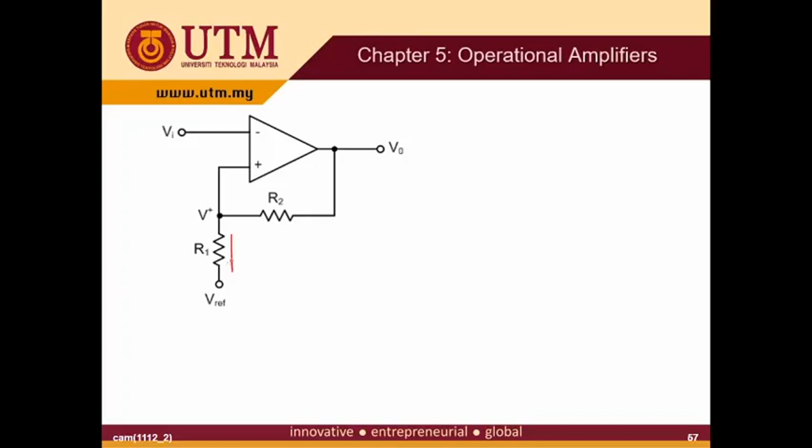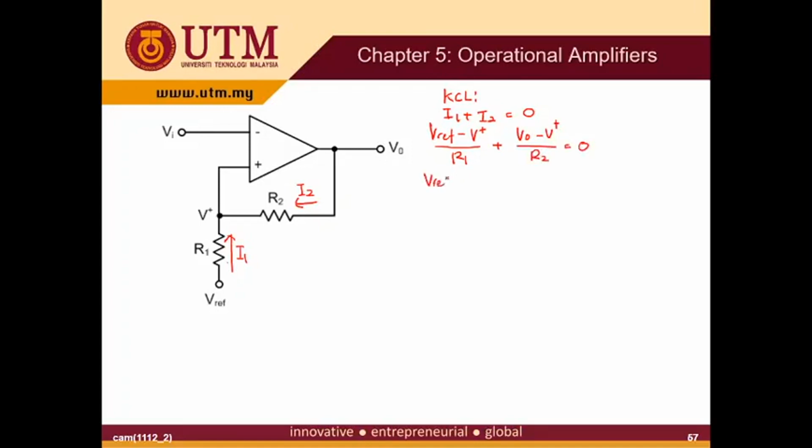Let's say this is your I1 and this is your I2. The KCL here: I1 and I2 both entering, so I1 plus I2 equals 0. I1 is (V reference minus V plus) over R1, and I2 is (V out minus V plus) over R2, equal to 0.